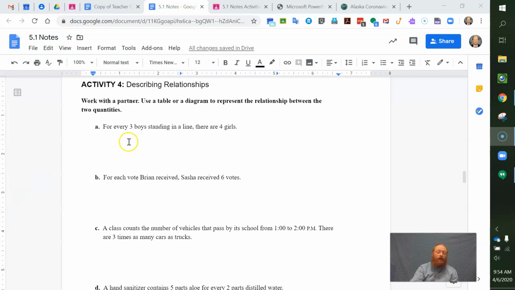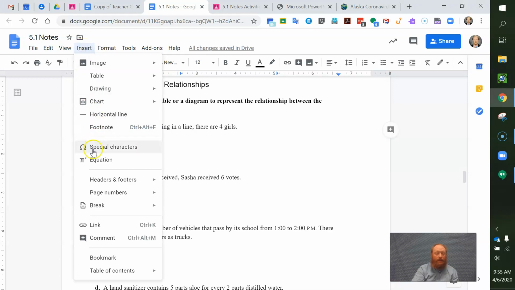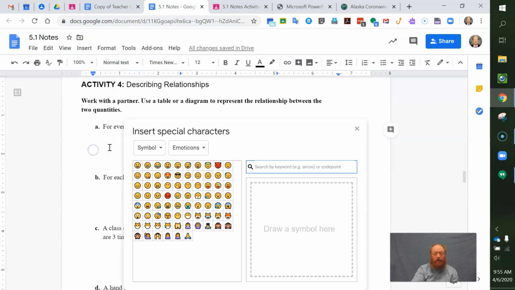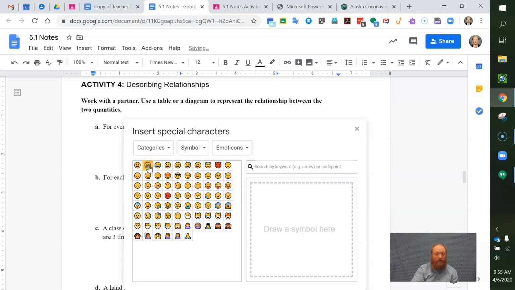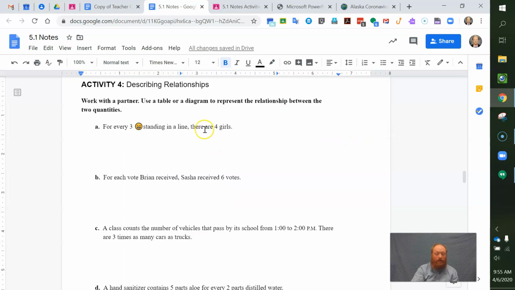All right. Because it's really hard to draw here, instead of for every 3 boys standing in line, there are 4 girls, we're going to do this. We're going to highlight boys, insert special characters. I'm going to pick an emoticon. I am going to do the smiley face and close. And there are 4.